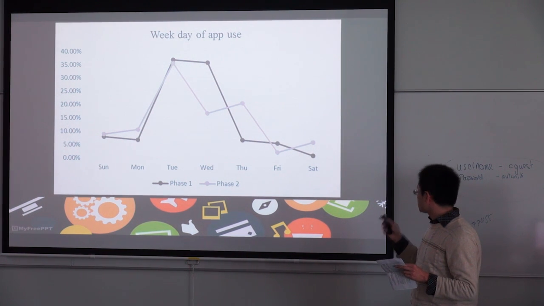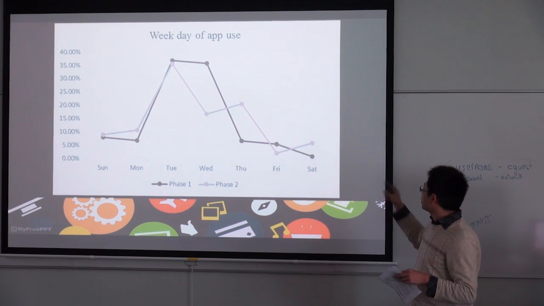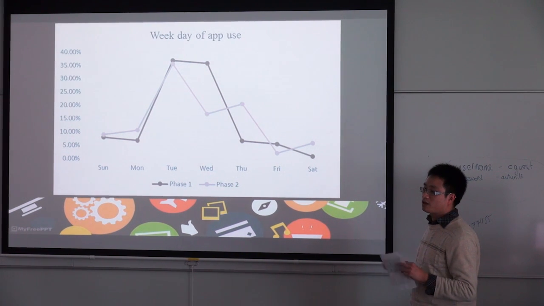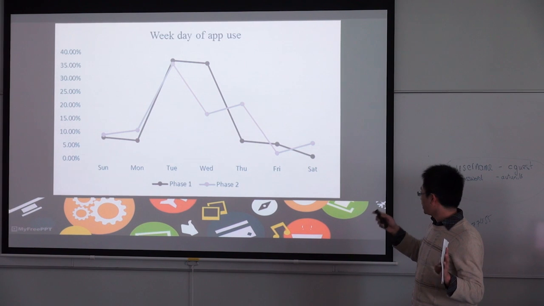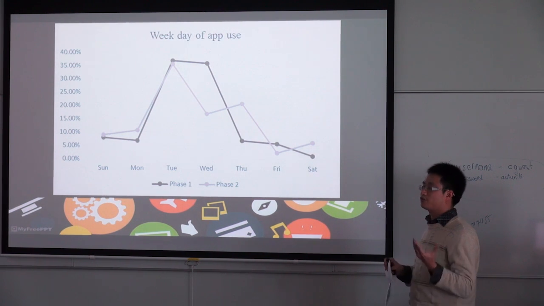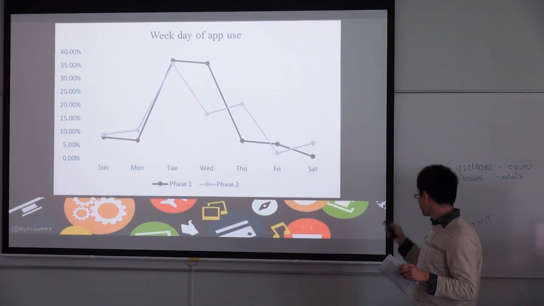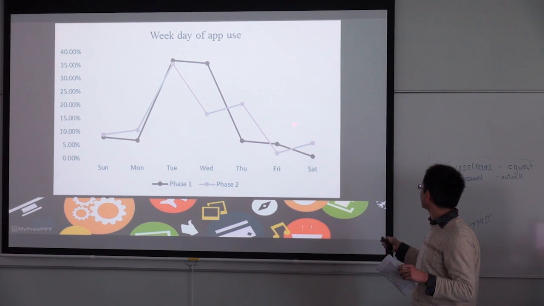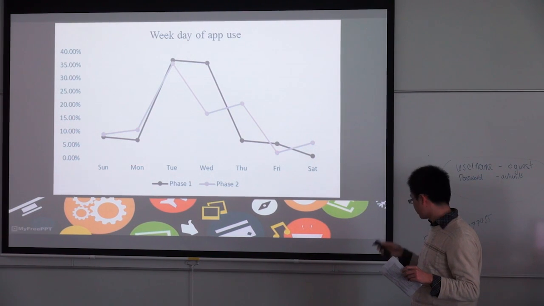And it was also followed by a sharp decrease on Wednesday or Thursday. And on the two ends of the week, on Monday and on Friday, students were less motivated to learn, even sometimes not as frequent as on weekends, here and here.